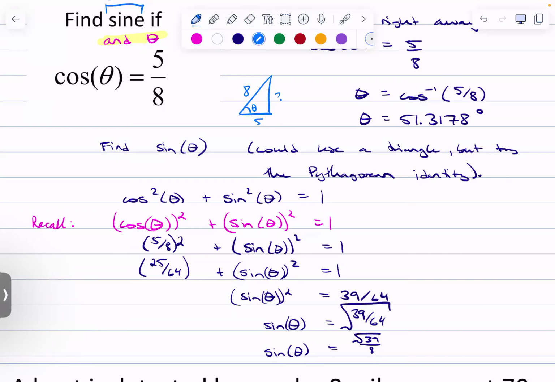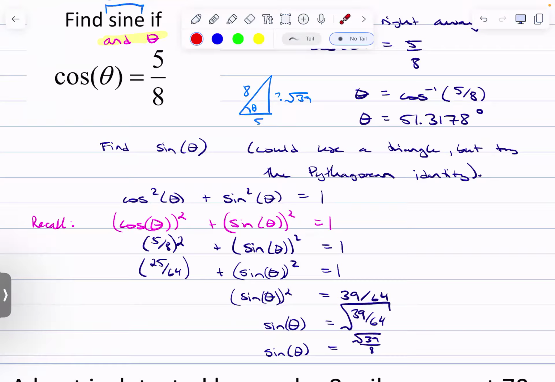I would get 8 squared minus 5 squared is 39. So I would get the root of 39. So you could use the triangle, or you could use the identity. I guess because I didn't show a lot of work for the triangle, it looks simpler, but I would say they're about the same amount of work, right? If you had to show how you got the root 39.